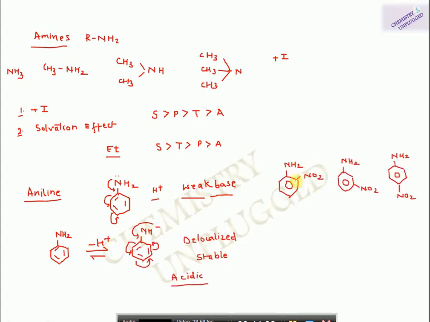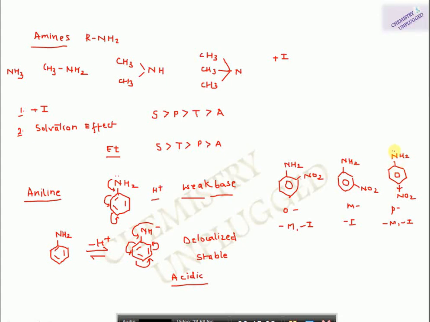And if I substitute aniline with a nitro group, then because of the minus M and minus I effect, they will show their basic strength. At the ortho and para positions, there is minus I and minus M effect, but at the meta position we have only minus I effect.